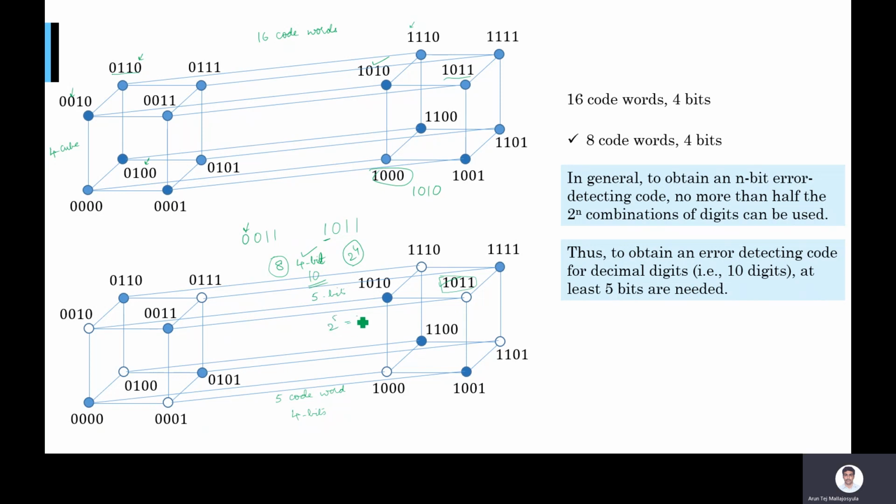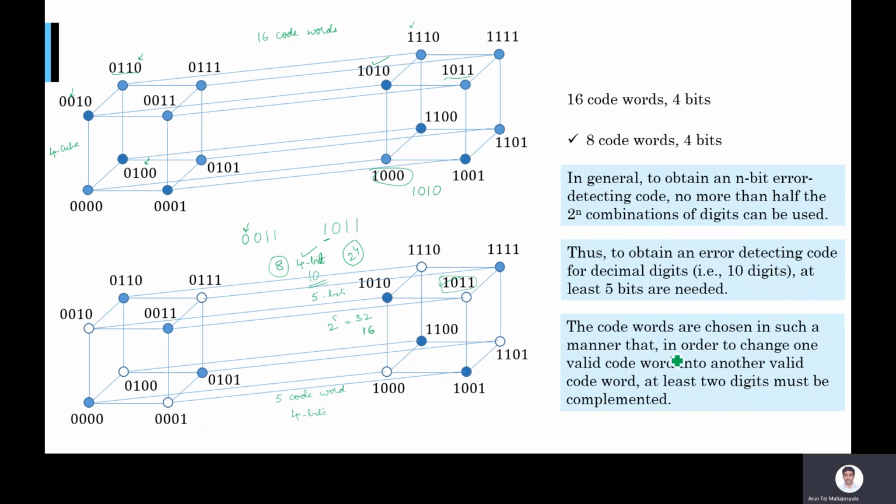Because 2 power 5 is 32. So with 32 code words, you can select up to 16 code words for your new code and use them. So 10 code words can easily be selected, and you can get an error detecting code. So at least 5 bits are required for obtaining an error detecting code for your decimal digit.